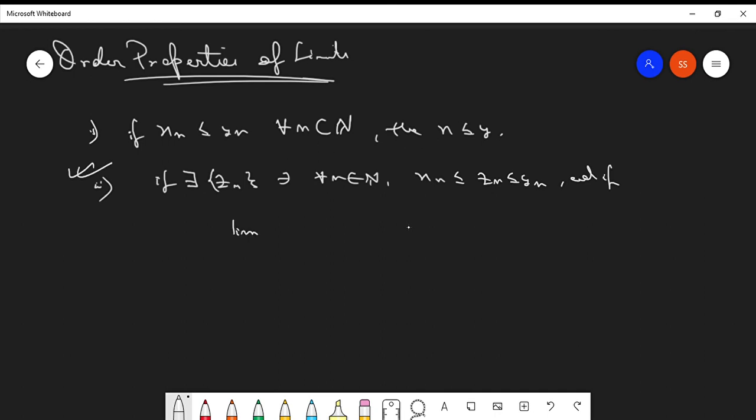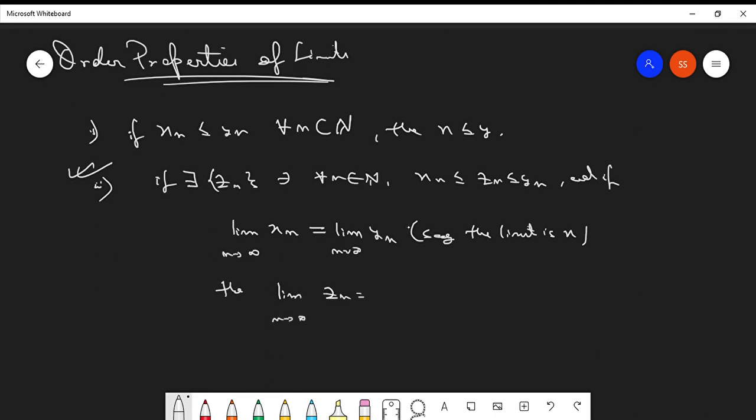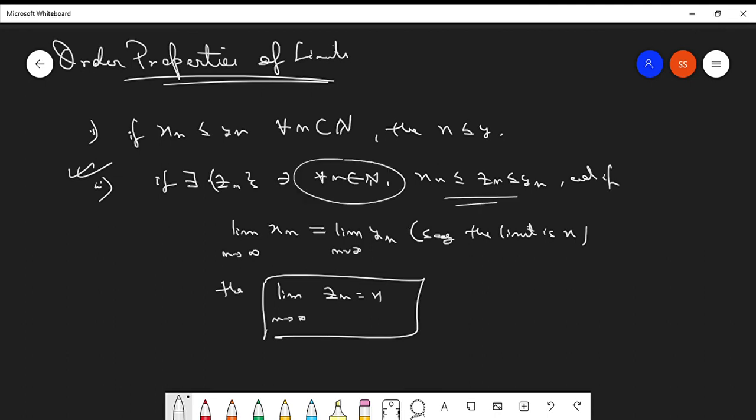And if the limit as n tends to infinity of xn is equal to the limit of yn, say the limit is x, so both xn and yn converge to x, then the limit of zn will also be equal to x. That is, if xn and yn both converge to the same element, zn will also converge to that element, provided this condition is true for all n belonging to natural numbers.